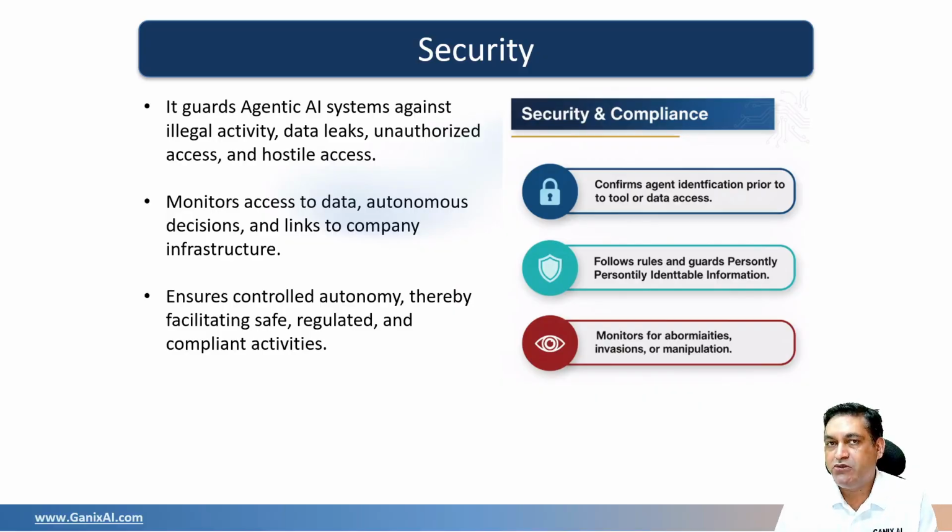So let's talk about security. Security is an important part of an agentic AI system. When we build an agentic AI system, security is not just an add-on, it is an important part of the component. It is a core design principle. These AI agents have access to data, tools, and even decision making, so it's critical that the actions are ethical, safe, and authorized. Security in agentic AI works on multiple levels.